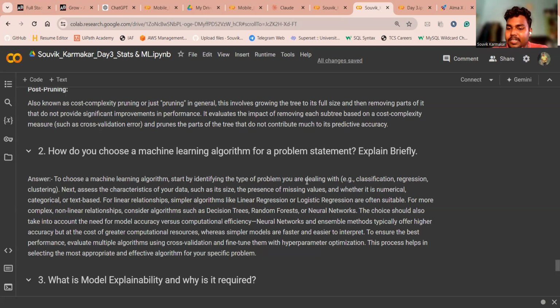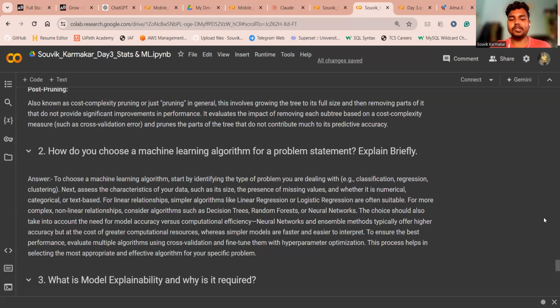Their interpretability is higher compared to complex models like decision tree and random forest. To get the best performance, try multiple algorithms using cross validation and fine tune them with hyperparameter optimization. This is a mostly used technique in today's world.